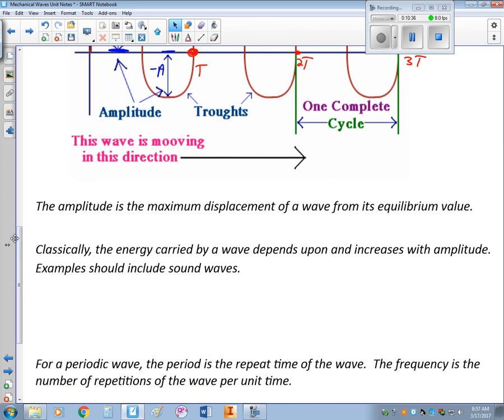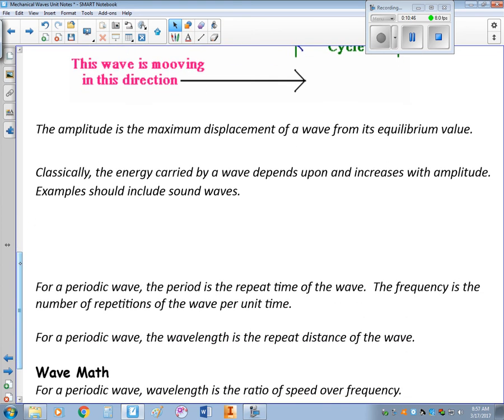So just some more knowledge here. The amplitude then is the maximum displacement of a wave from its equilibrium value. And then classically, the energy carried by a wave depends upon and increases with amplitude. For example, the energy that a wave carries is approximately proportional to the square of the amplitude.